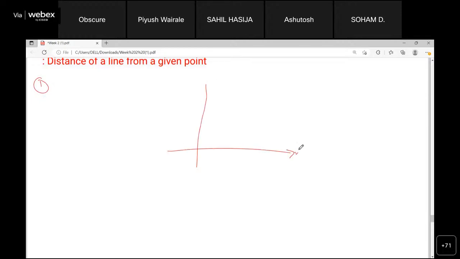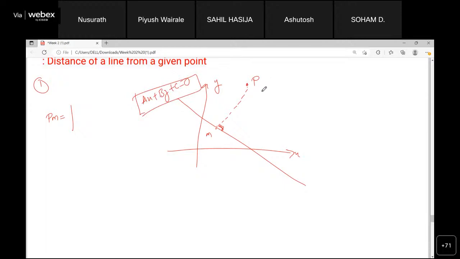Say suppose this is my x-axis, this is my y-axis, and this is my line, and say this is my point P. Now if I want to find out the perpendicular distance of this point from this line, what is the direct formula for that? The equation of a line will be ax plus by plus c equals to 0, and the point is x1 comma y1, right?